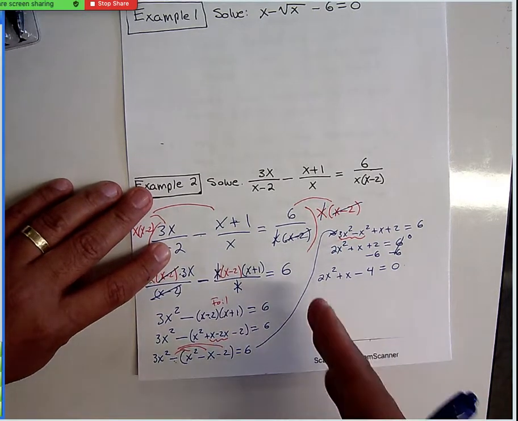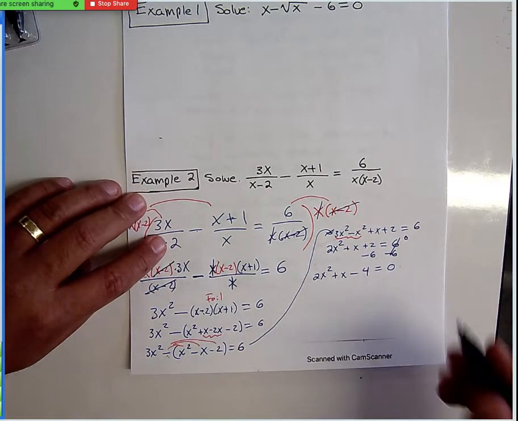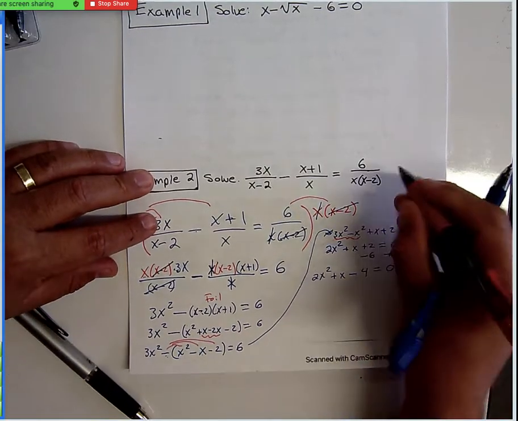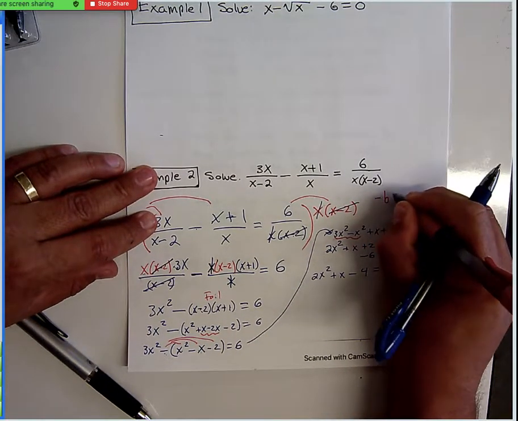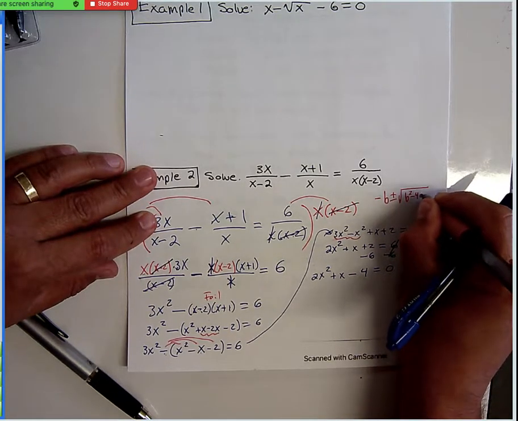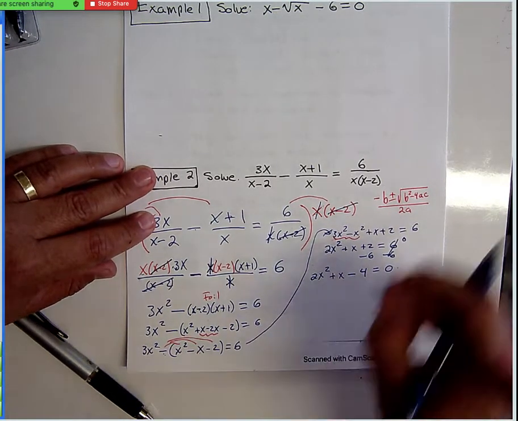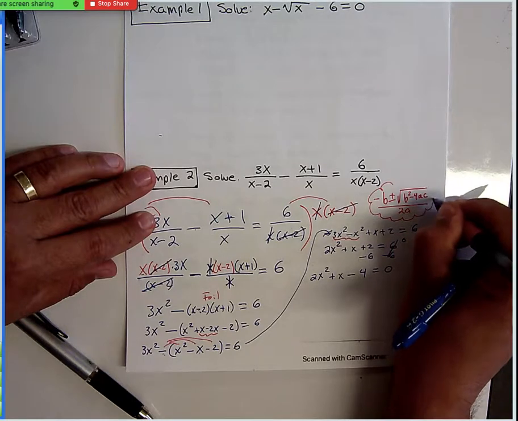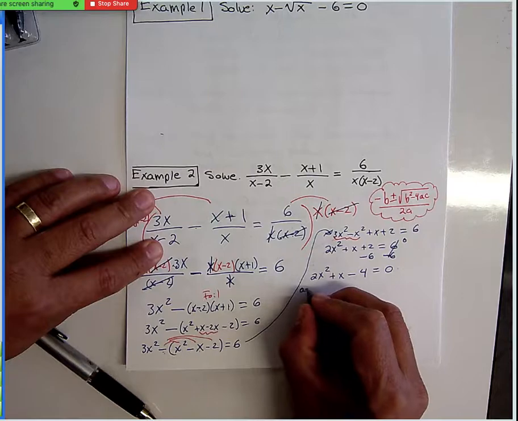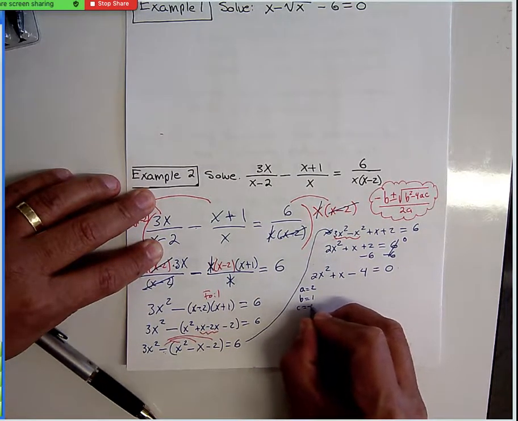You can either factor and solve like that, or if you can't factor, then you go to the quadratic formula: negative b plus minus square root of b squared minus 4ac over 2a. So a is equal to 2, b is equal to 1, and c equals negative 4.